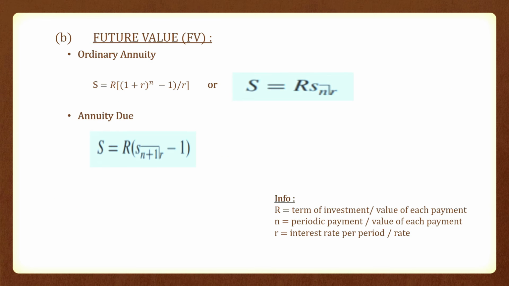Then we move to future value. These are the formulas for future value for ordinary annuity and annuity due. The information for the terms is basically the same as the terms in present value.